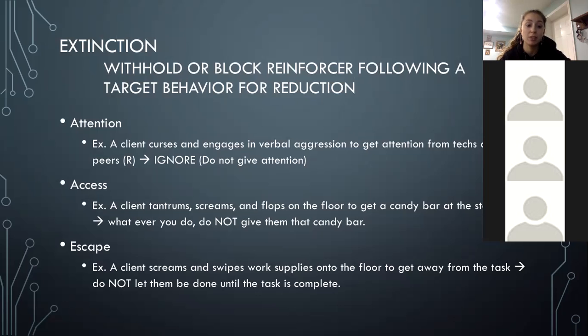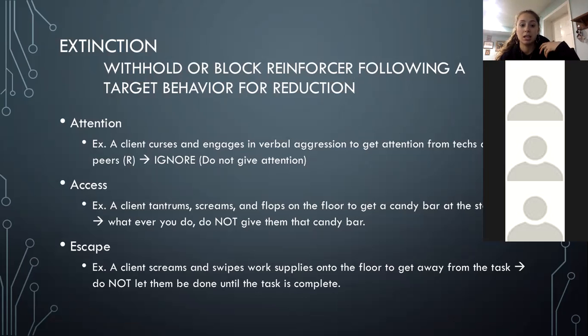If this is a behavior we're going to place on extinction, we are going to ignore, ignore, ignore. If attention is the reinforcer, we are going to withhold. We will not be giving attention to those behaviors, okay?